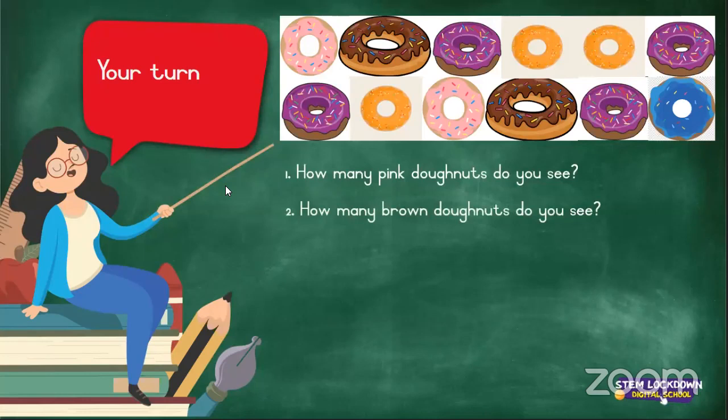How many brown donuts do you see? So next to the number 2, write the answer. Good. Write number 3 in your column and write the answer. How many blue donuts do you see? Don't forget, you must write the answers on your page.